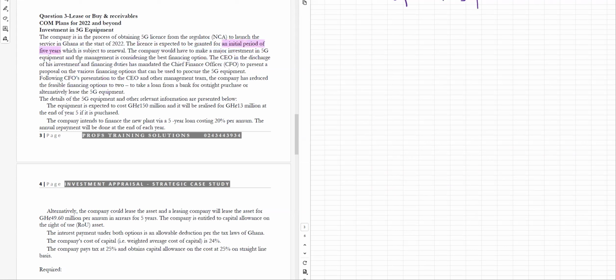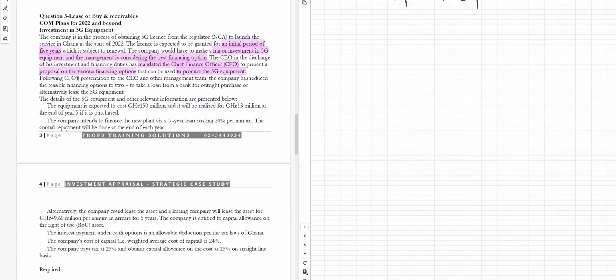So they are going for 5G equipment. Now, the company would have to make a major investment in 5G equipment, and the management is considering the best financing option. So the CEO, in the discharge of his investment and financing duties, has mandated the Chief Financial Officer, the CFO, to present a proposal on various financing options that can be used to procure the 5G equipment.